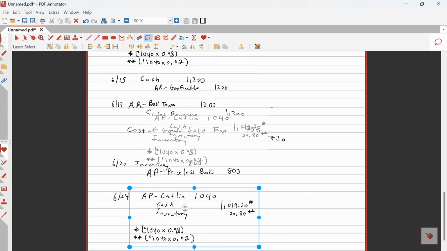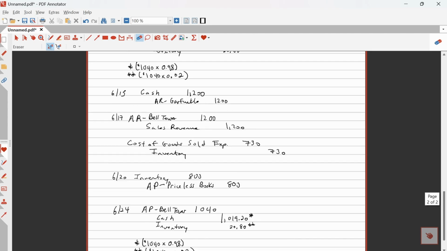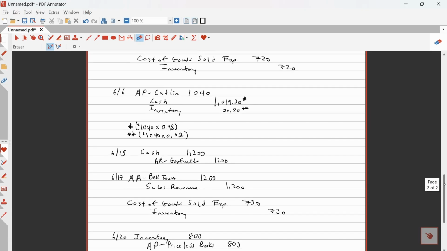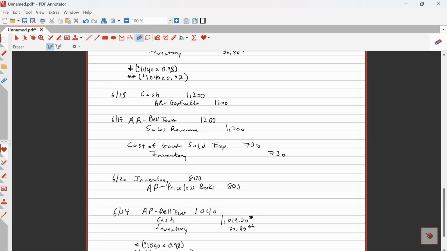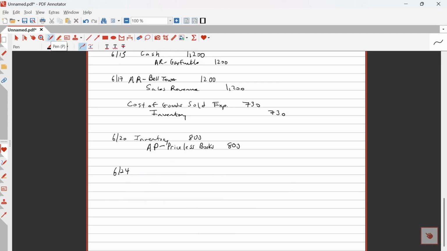So this journal entry is going to be similar to what we did back here on the 6th when we got paid by Catlin. Just copy and paste. But now it's Bell Tower that we're receiving money from. Now the account receivable we had with them was $1,200. Wait, did I say something wrong? No, yes, I did say something wrong. That was when we paid within the discount period money that we owed someone else.